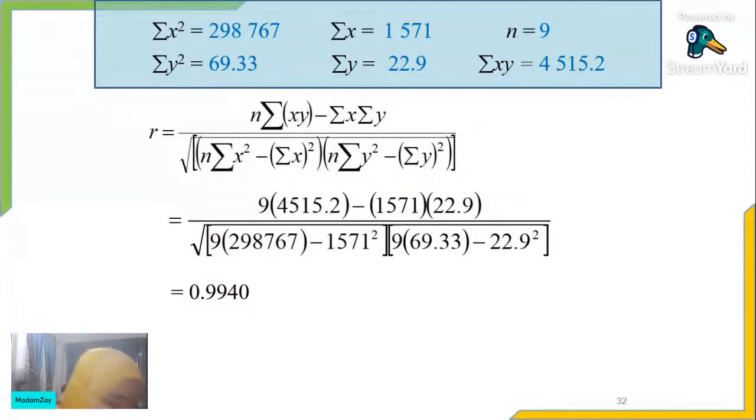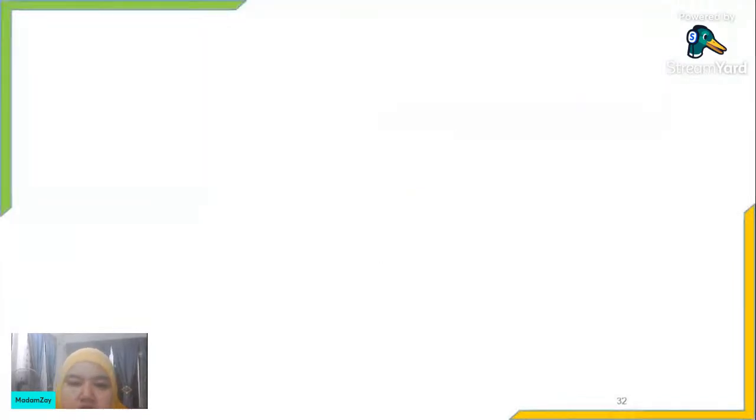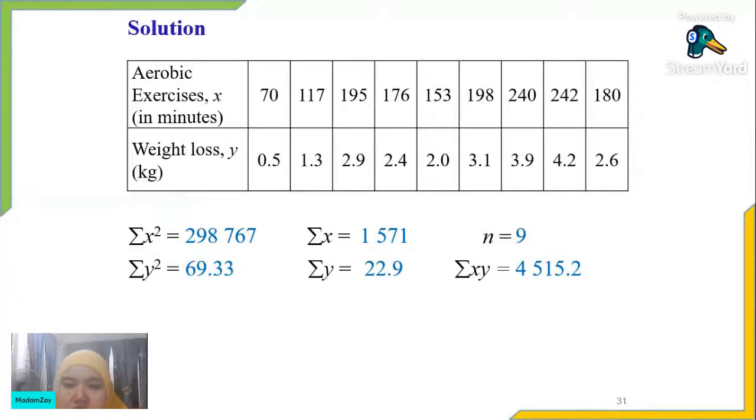Okay, if you want to check, let me check by using my calculator. I want to find the regression mode, and then put in the values we have. So 70, 117, 195, 176, 153, 198, 240, 242, 180. So we have 9 data. And for this one, 0.5, 1.3, 2.9, 2.4, 2.0, 3.1, 3.9, 4.2, 2.6.